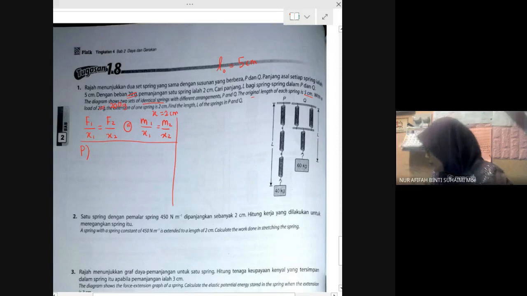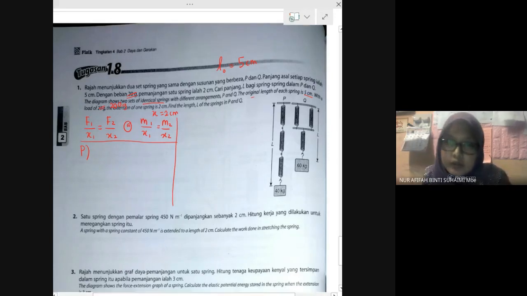Convert the unit into kilogram. Mesti guna unit yang sama. Bila dah substitute into equation, pastikan unit mesti sama. Kalau kilogram, so this one you need to convert to kilogram.